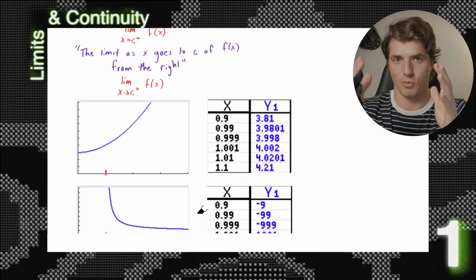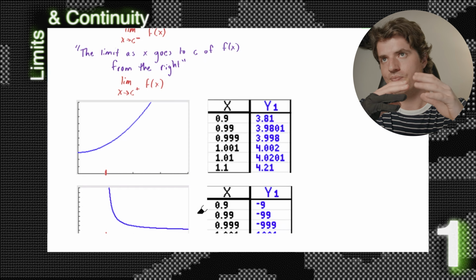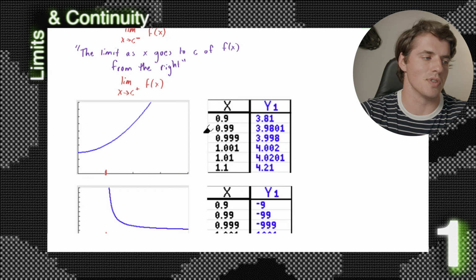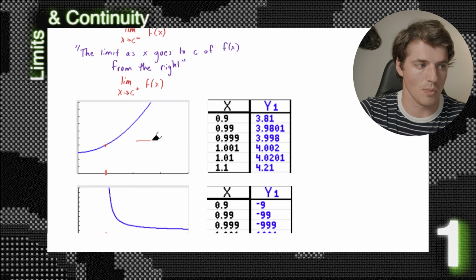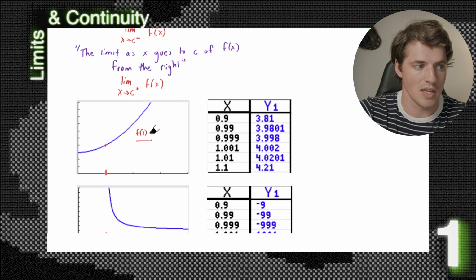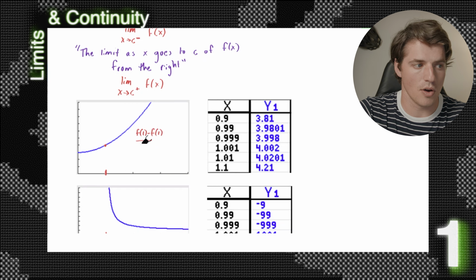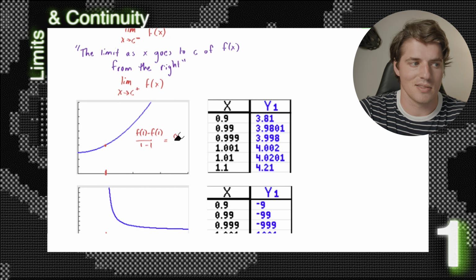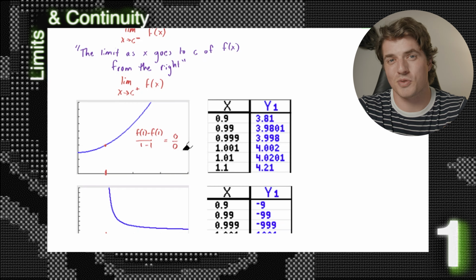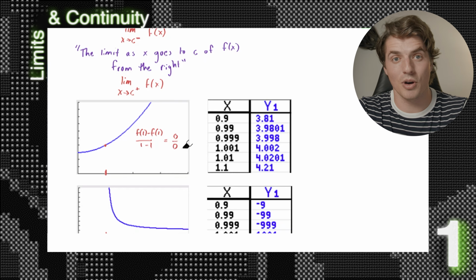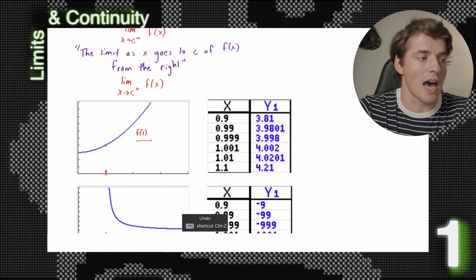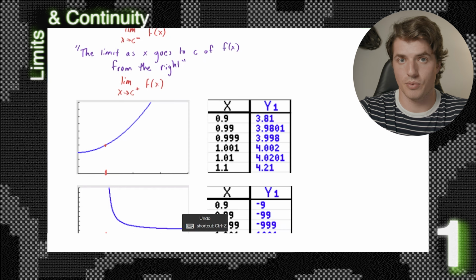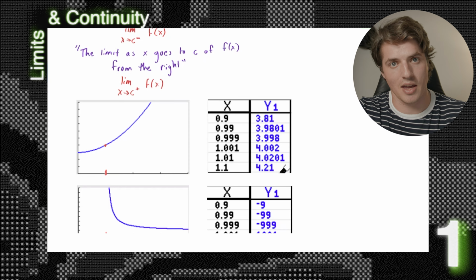If we try to find the slope with the exact same point, if this is at 1, we would be doing whatever f of 1 is minus f of 1 over 1 minus 1. So 0 over 0. So it's really hard for us to do this without a limit. So a limit is a value that we're getting close to without actually being at that value.